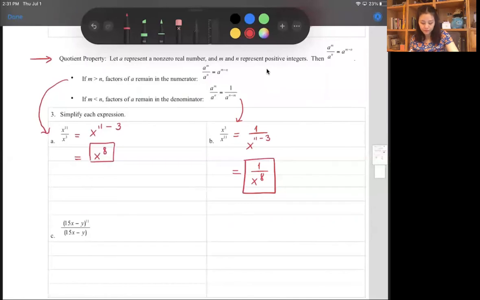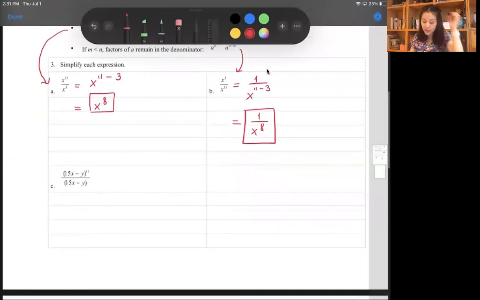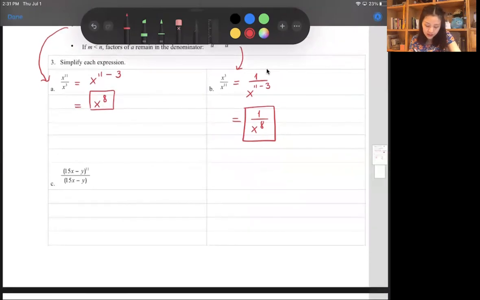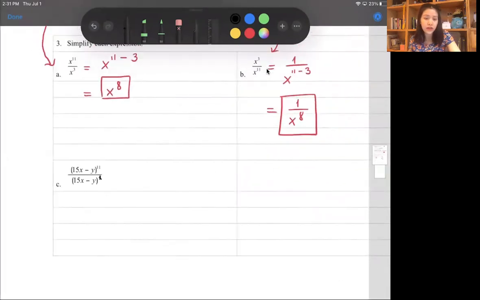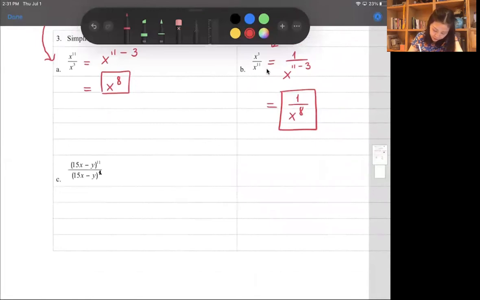All right, I have 15x minus y to the 11th power divided by 15x minus y to the first power, right? Usually the first power is not written there, but we know that there's a 1 there. I know it looks a little more complicated than the previous two, but it's the same thing, because we have the same base divided by the same base.